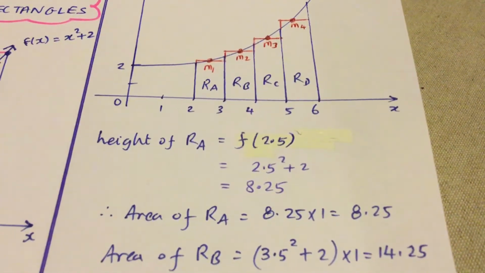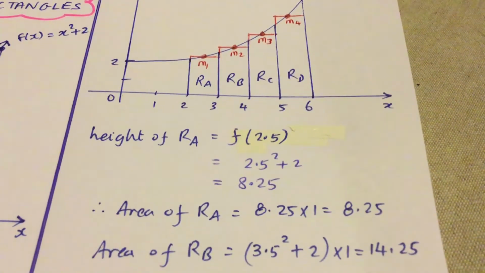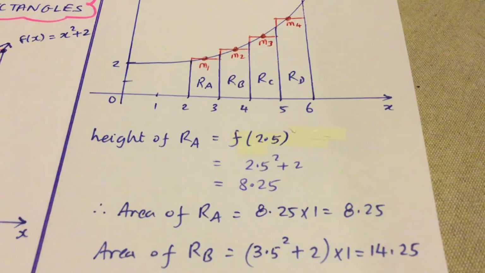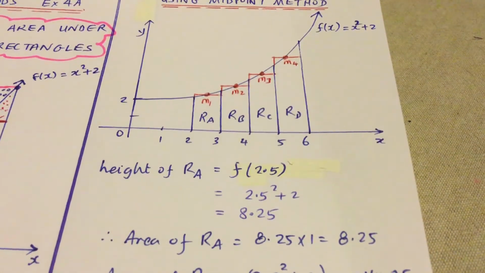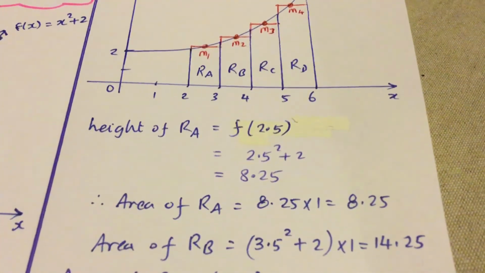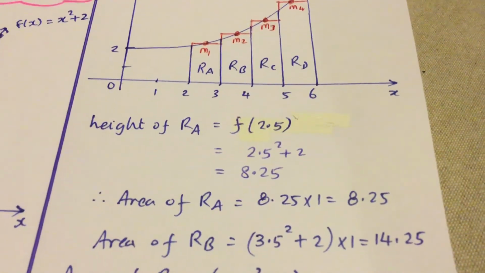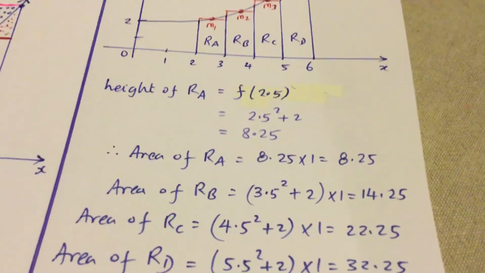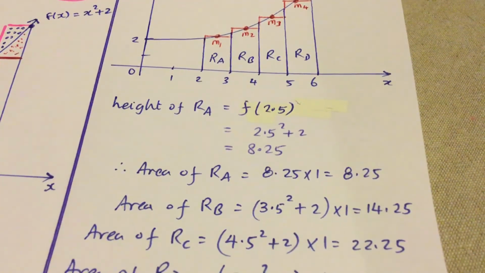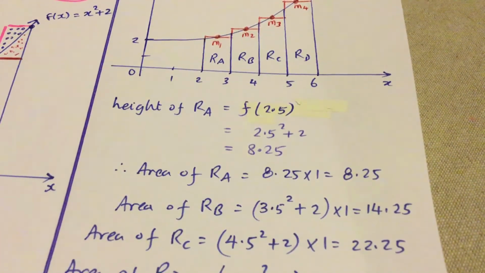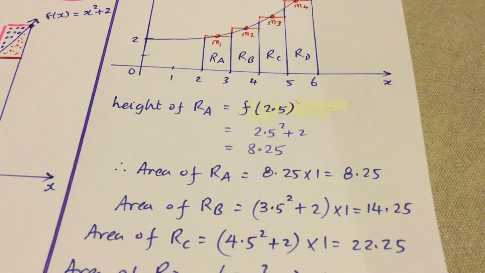Similarly, to find the area of rectangle B, the midpoint between 3 and 4 is 3.5. We replace x by 3.5 in f(x), and that will give us 14.25, and 14.25 times 1 is 14.25. Similarly, for the area of rectangle C, the midpoint is 4.5.